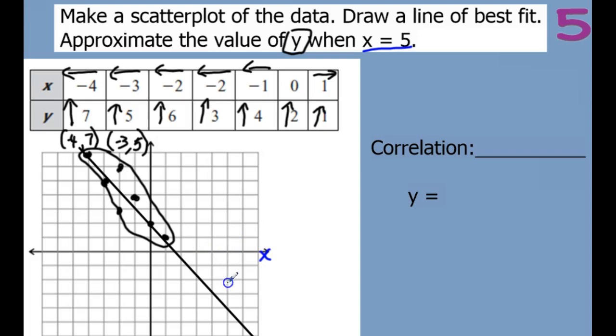So 1, 2, 3, 4 maybe. So we'll say y is about 4. Our correlation here is going downhill, so it's negative. With a negative correlation, y is about 4 when x equals 5.